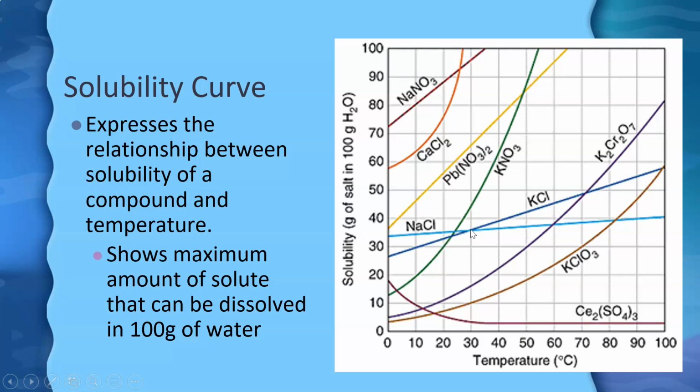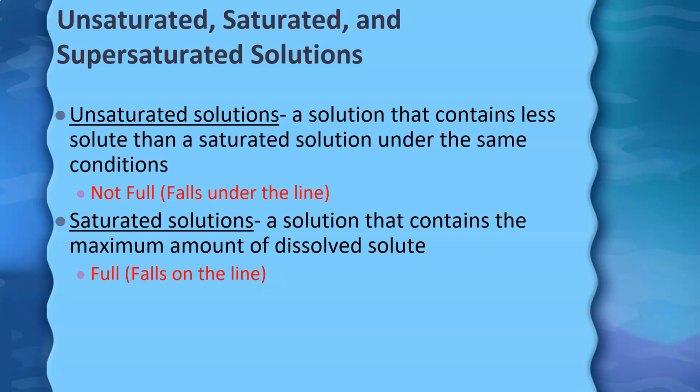If I very carefully managed to get this up to the point where it, say, had 40 grams of sodium chloride in there, it would be above the line, and it would be in that unstable, supersaturated situation. So unsaturated under the line, saturated on the line, supersaturated above the line. Always remembering that supersaturation is not a very stable situation. It's not easy to do.